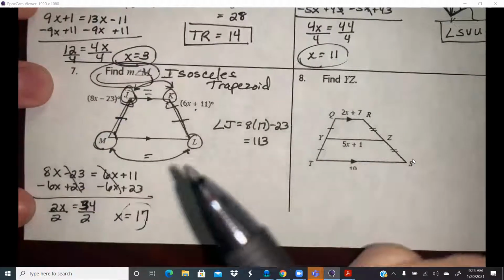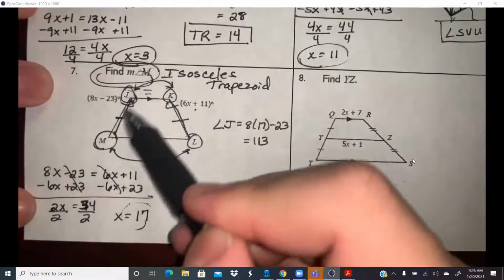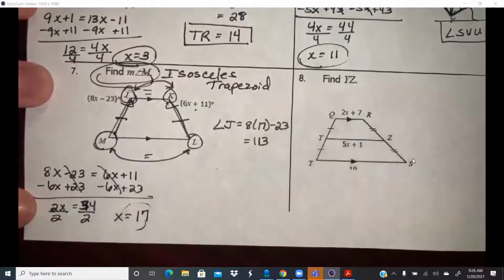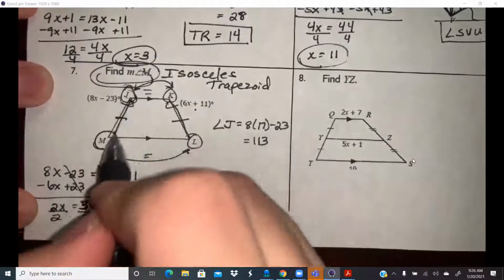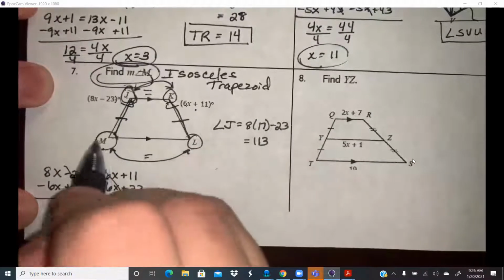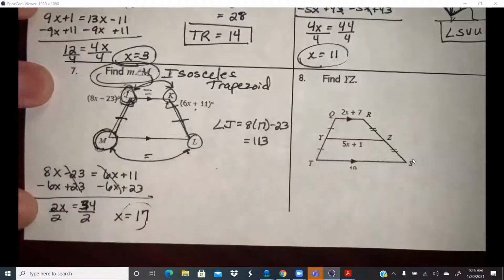So the other property you have to remember is that the two angles along this vertical diagonal are going to be supplementary. If these two are supplementary, then angle M and angle J together have to equal 180, right?